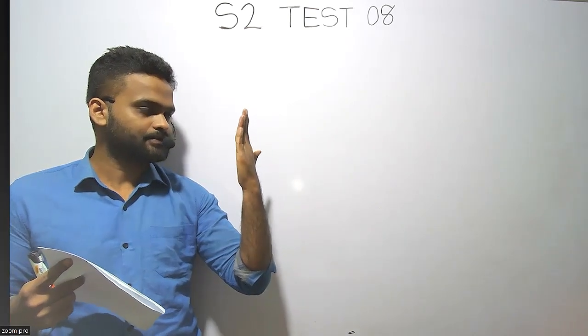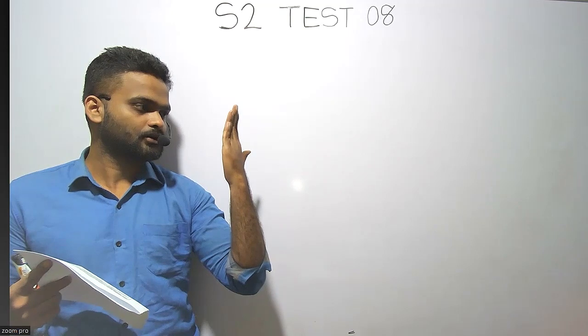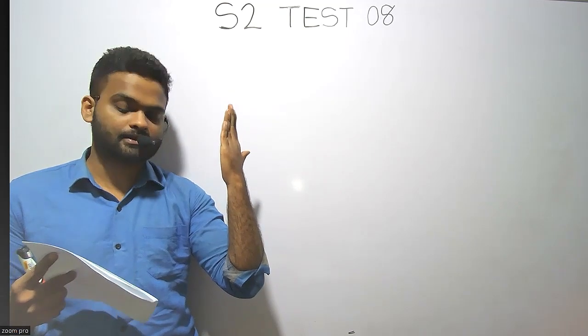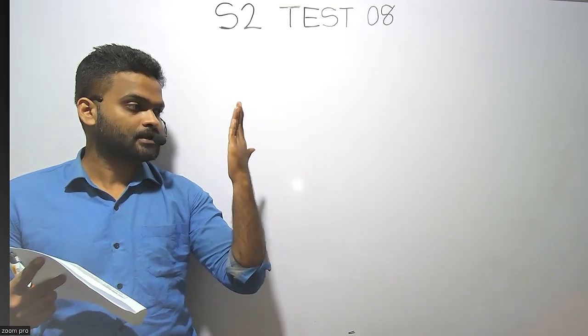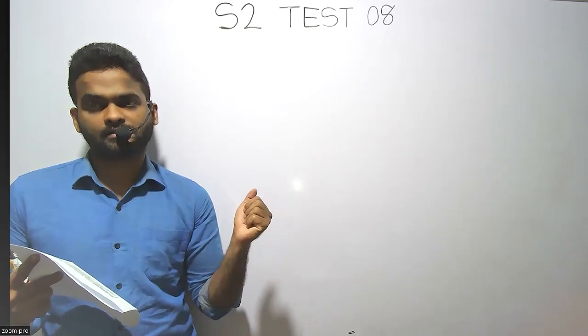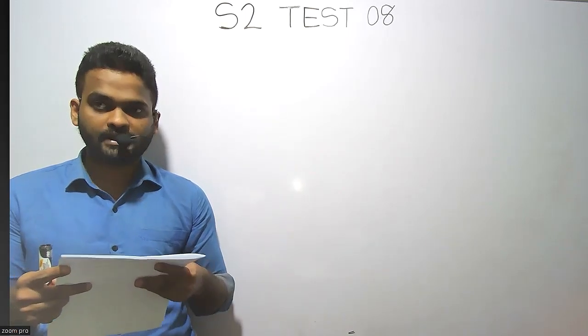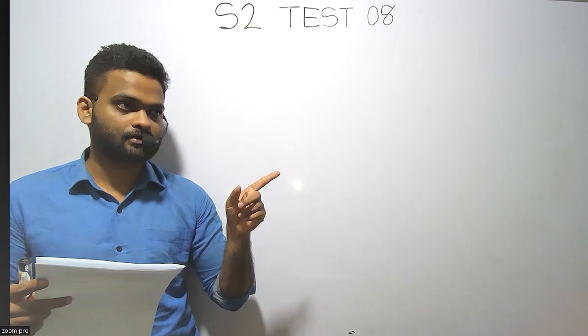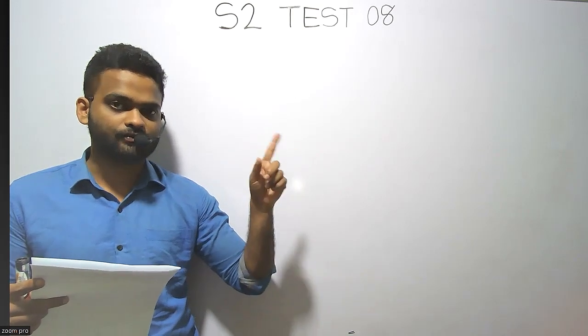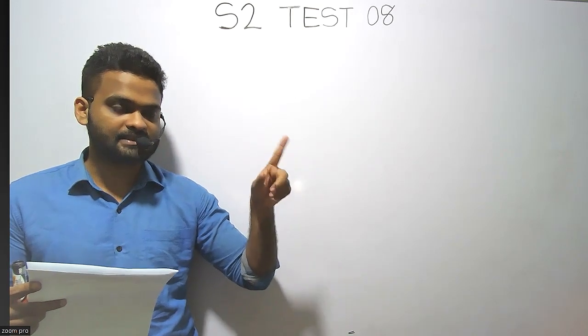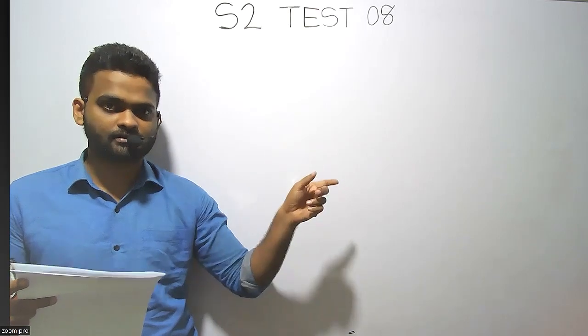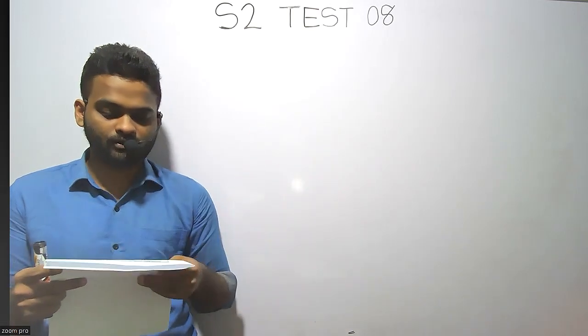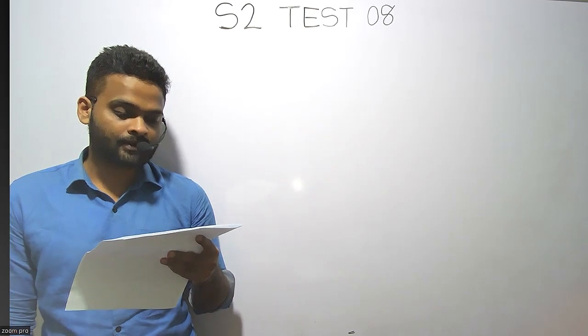If you bring the objects closer than that, the objects start to get blurred, right? So we call that the least distance of distinct vision. That 25 centimeters is called that distance, right?